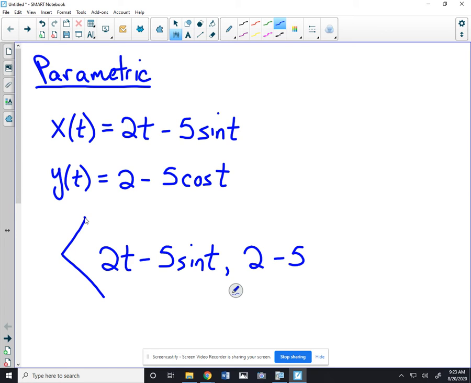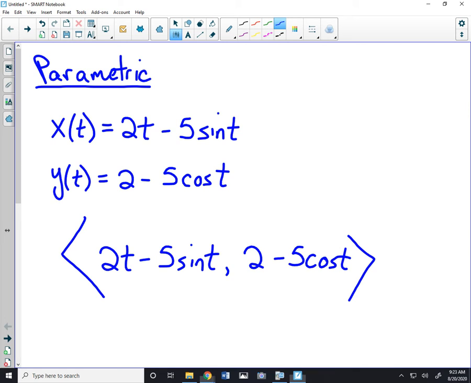Otherwise, it is the same thing. There we go. So that is a position vector for these two equations. You can write it one way, you can write it the other. It doesn't make a difference to nobody. But you got to be familiar with both kinds.